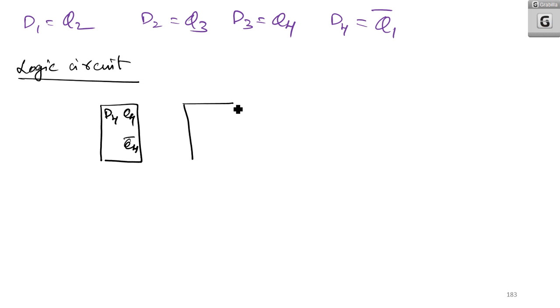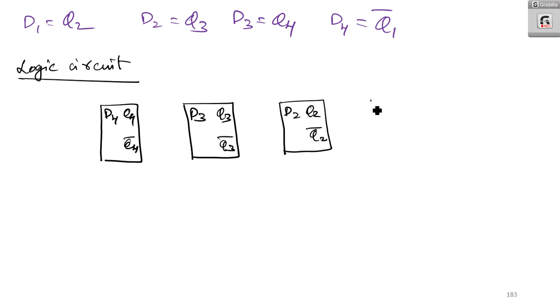Then comes D3, Q3, Q3 bar. Then comes D2, Q2, Q2 bar. Then comes D1, Q1, Q1 bar. We have the clock.